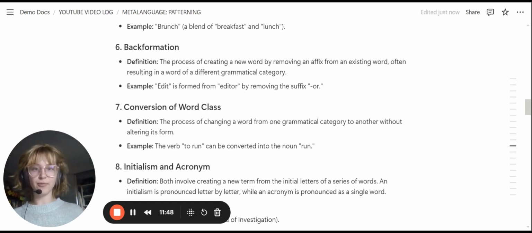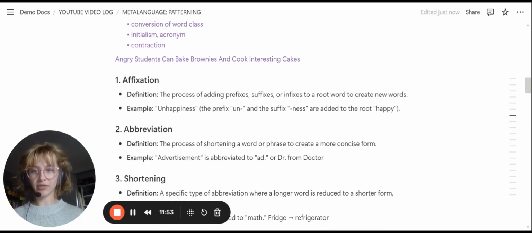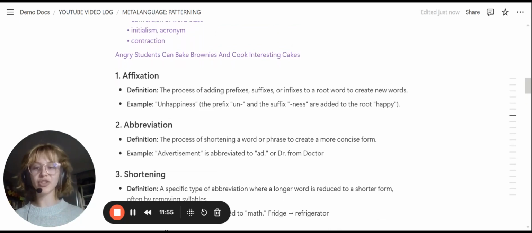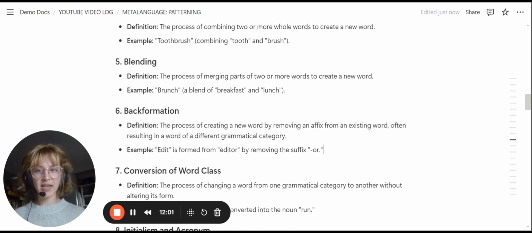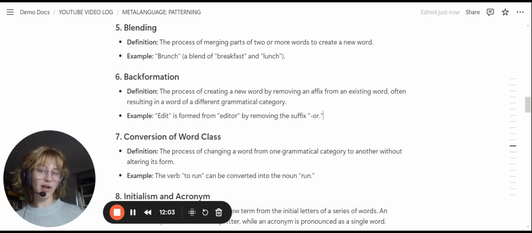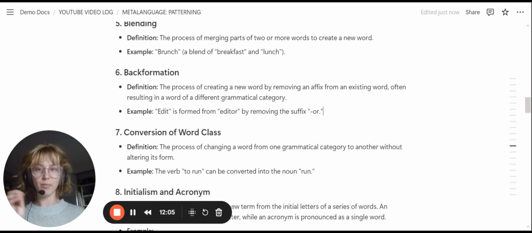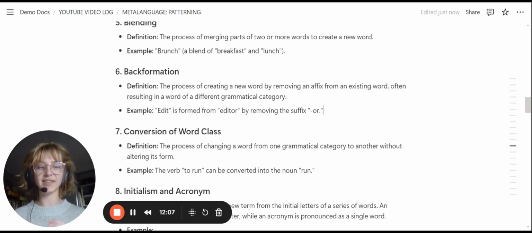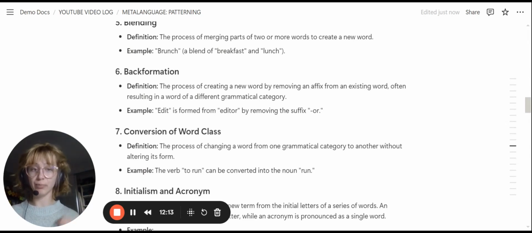So, for example, the word formation processes. The first one we talked about was affixation. It's the most common sort of feature, device that we use to create new words. Usually, we already have that root word, and then we add a suffix. Back formation is when that's sort of the inverse way, and we've started with a word with an affix that we've then removed.